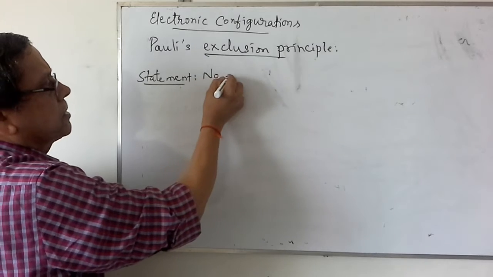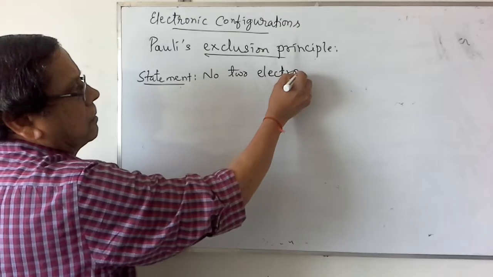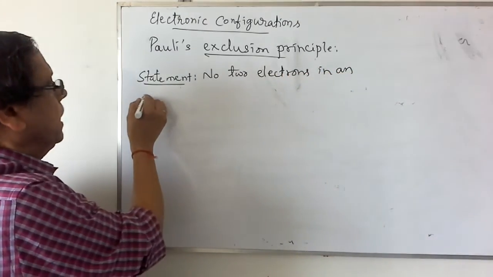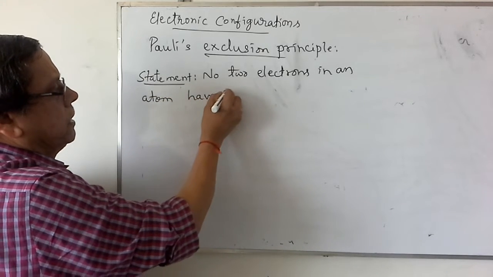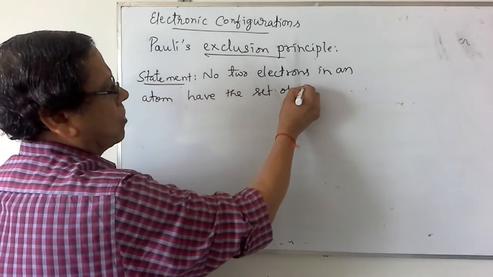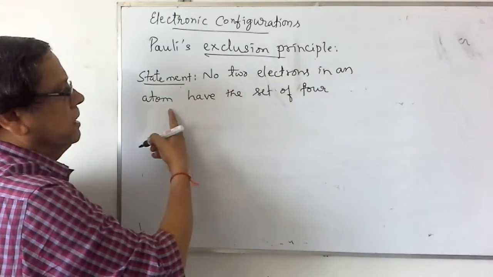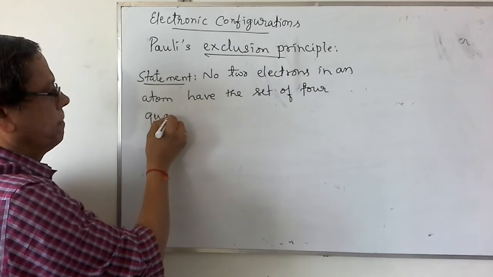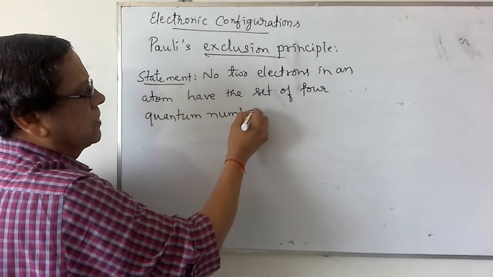No two electrons in an atom have the set of 4 quantum numbers same.